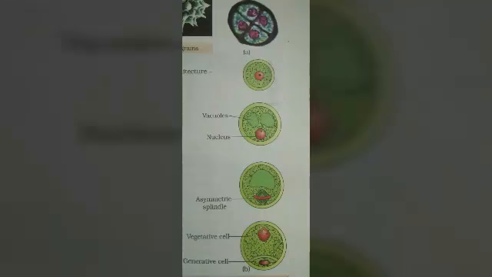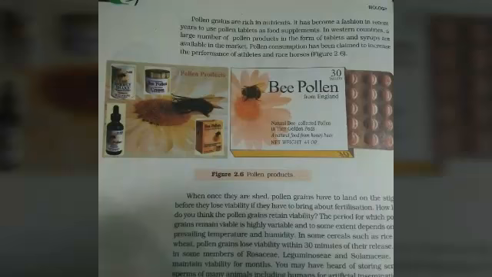This is the structure of the pollen grain. Pollen grain contains a cell, and this cell is divided into two parts, vegetative cell and generative cell. The vegetative cell is its own cell and the generative cell is developed after maturation.